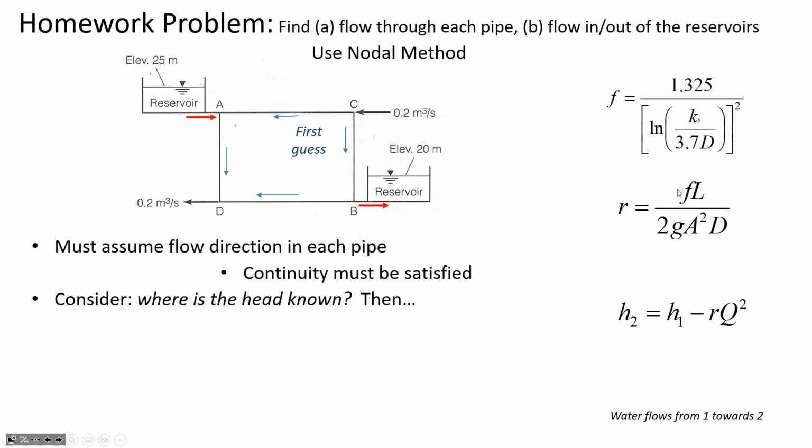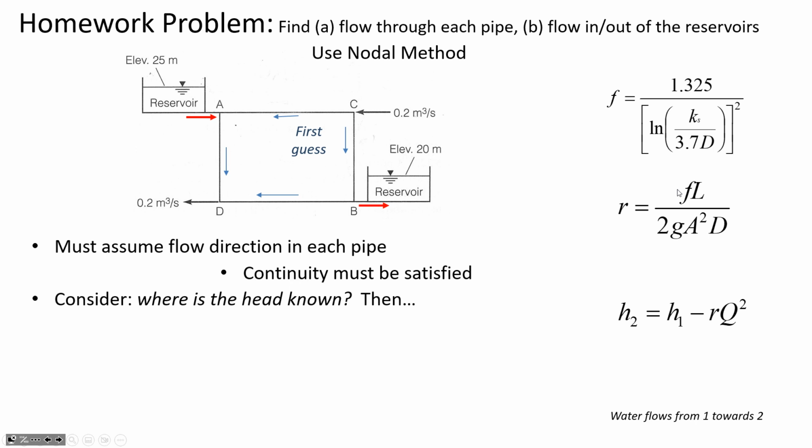Okay, so that's one side of the equation, and it is equal to the other side of the equation, which was the head at B, 20, plus R Q_BC squared, and that's the R value for pipe BC. All right, so we know from this a relationship of Q_AC in terms of Q_BC. R is going to be some value that you can calculate for both AC and BC.